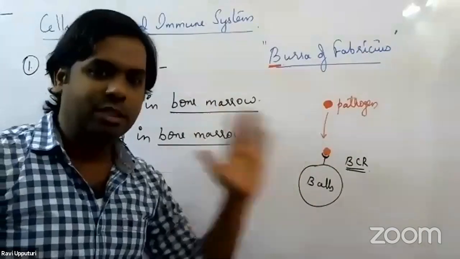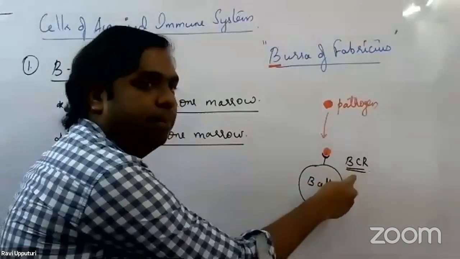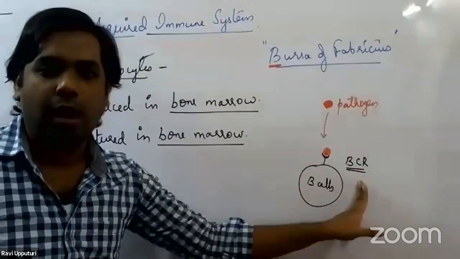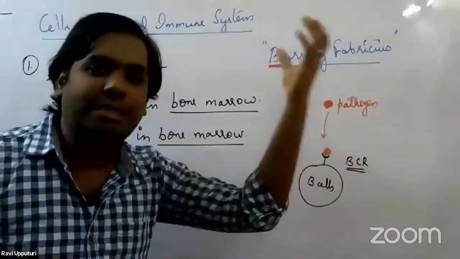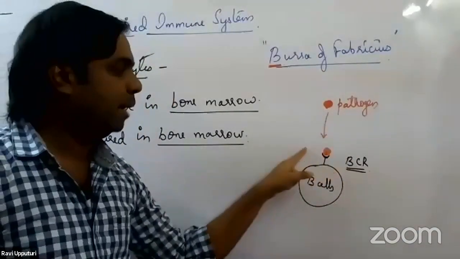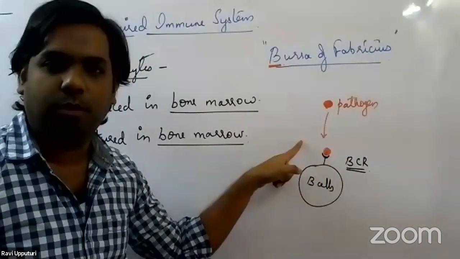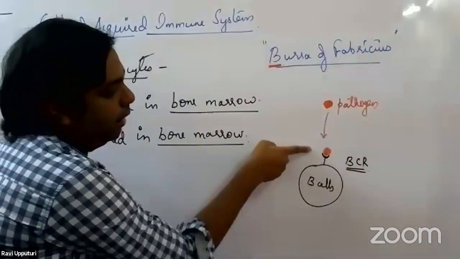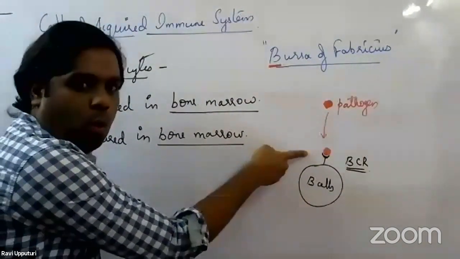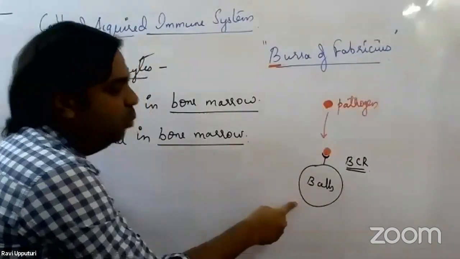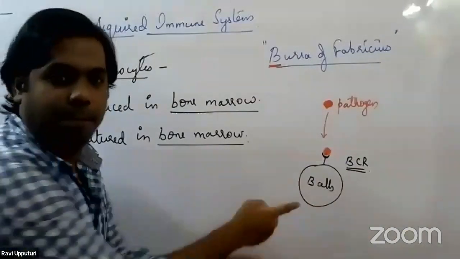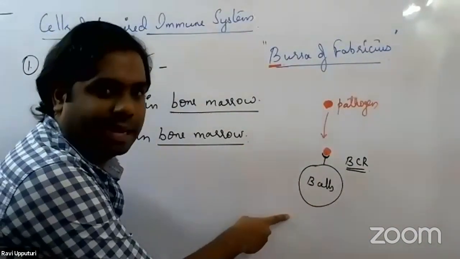Once matured, it has certain receptors on its surface, the B cell receptors, which start recognizing a particular pathogen that has entered the body. Once the pathogen or antigen binds to the B cell receptor, the B cell will undergo the process of activation.